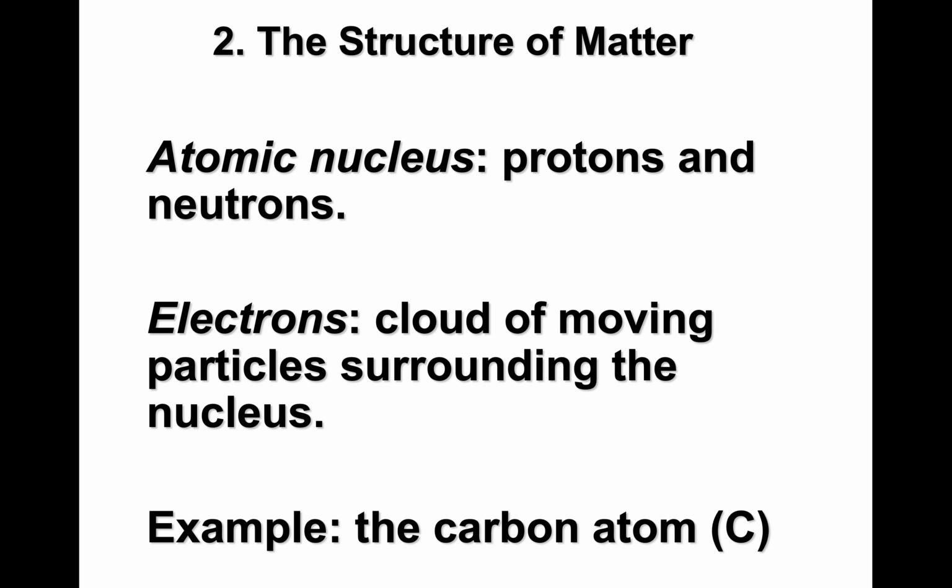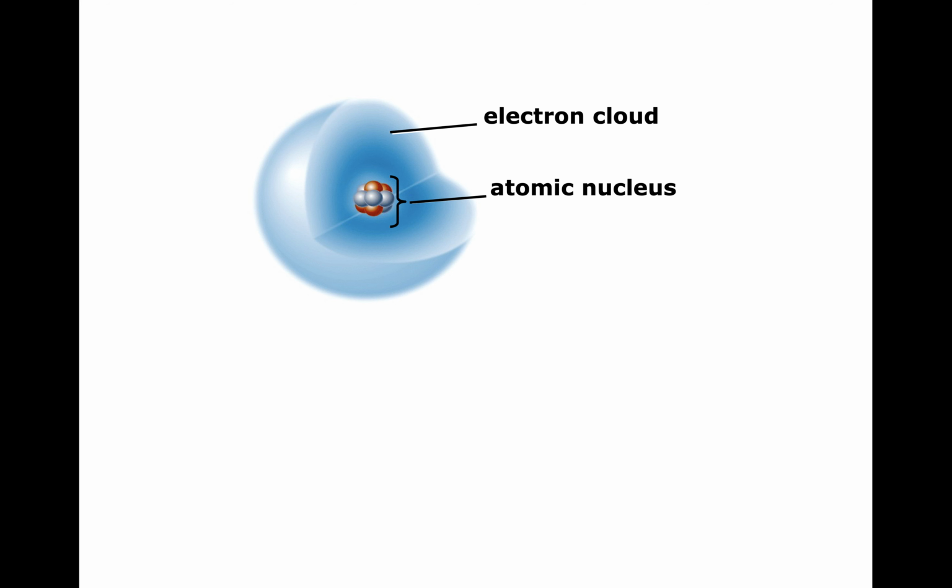I will now show you an example using the carbon atom, C. We have here in the middle the atomic nucleus, and then this light colored bluish sphere is the electron cloud.